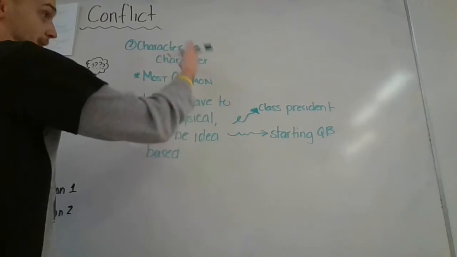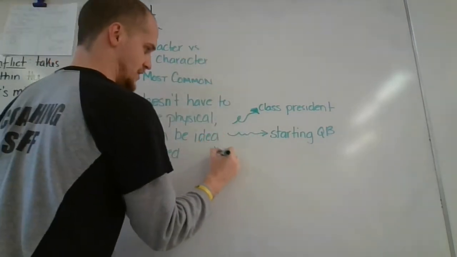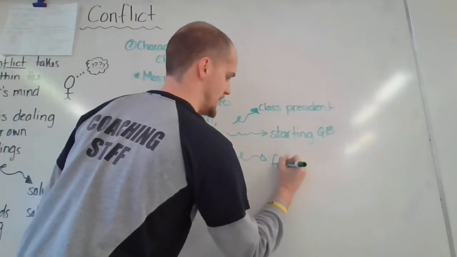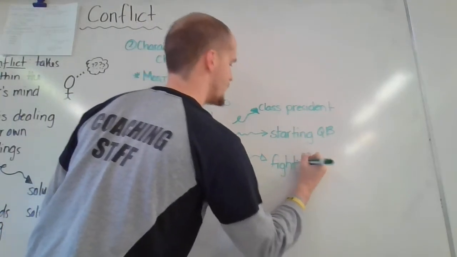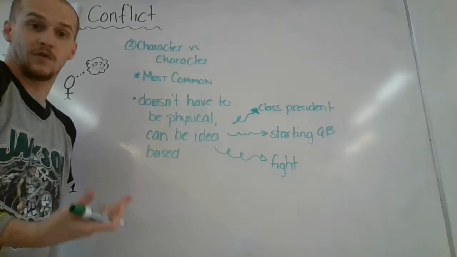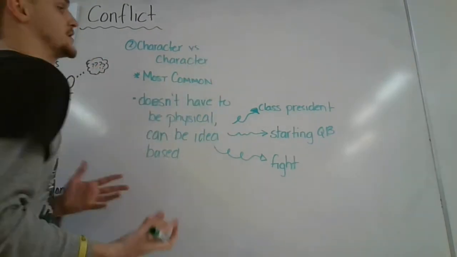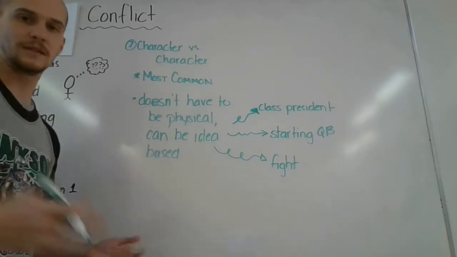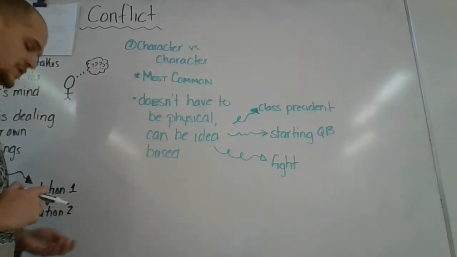And these are non-physical, or you have the physical idea, which is a fight. If there is a physical altercation, then that is a character versus character conflict. So these, again, are three different potential examples of character versus character conflict.